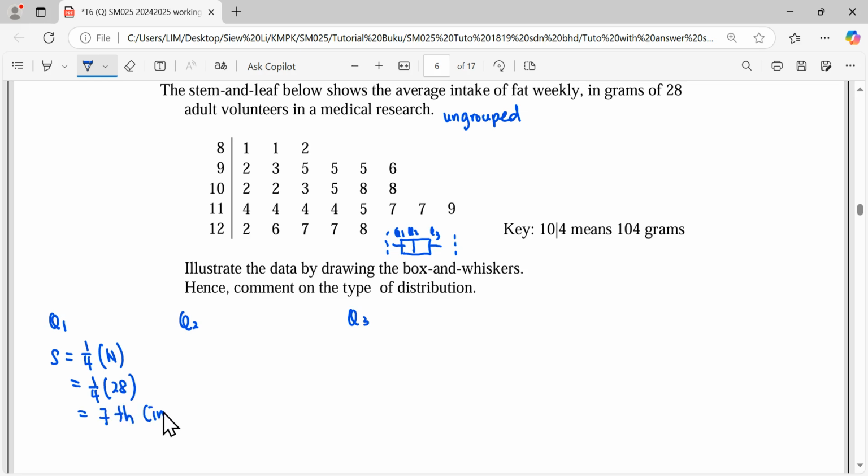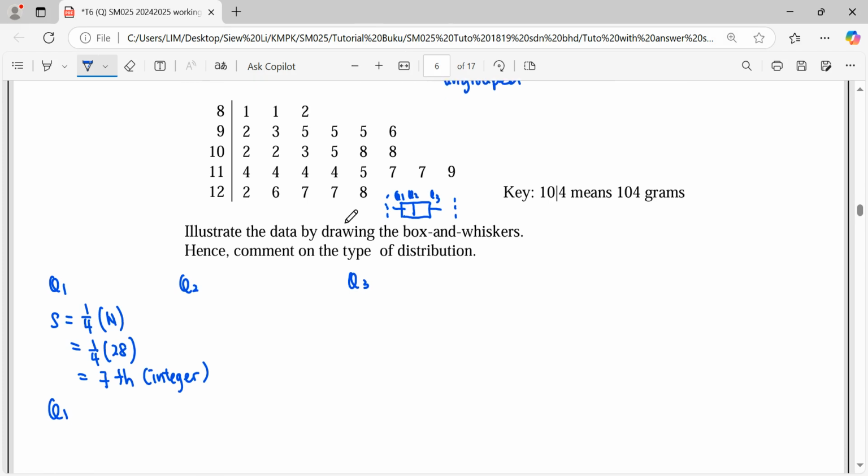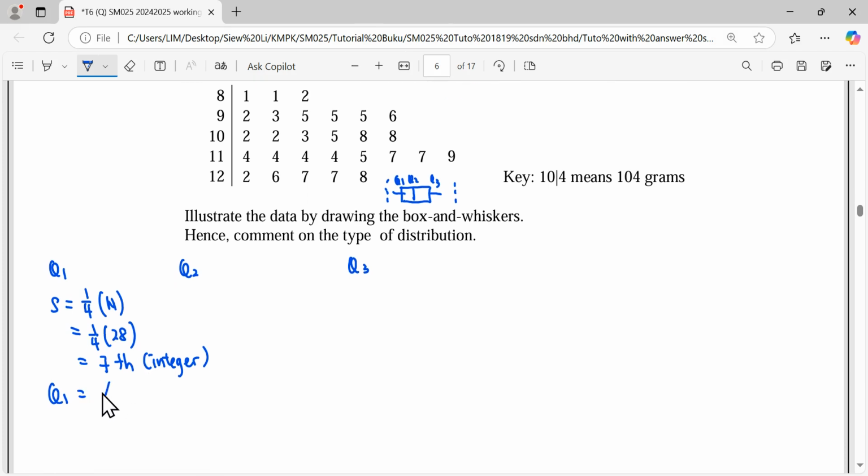So this is an integer. For the integer concept, to read out the first quarter, it will be the data on that position plus the next data over 2. So when we get integers, we read the data on that position with the next data, divided by 2, we'll take the average.